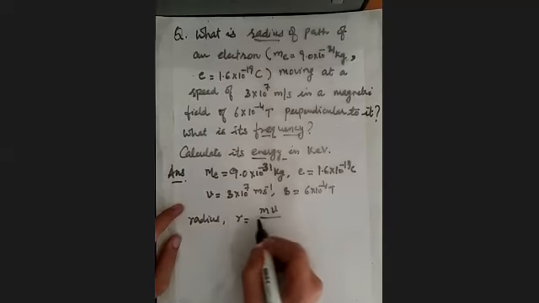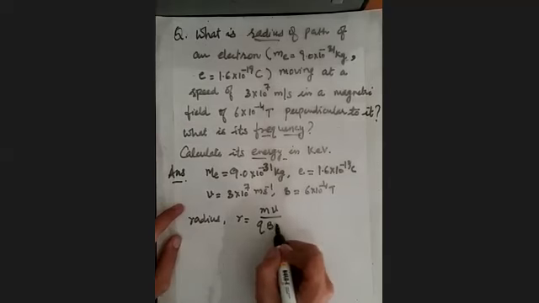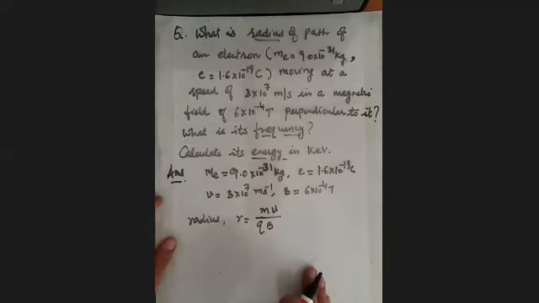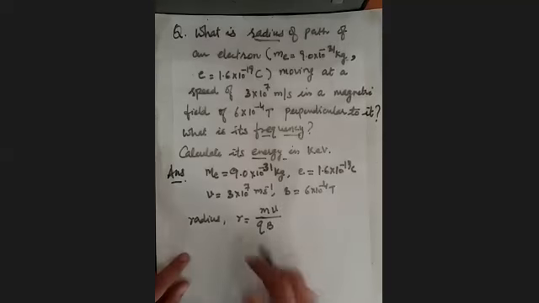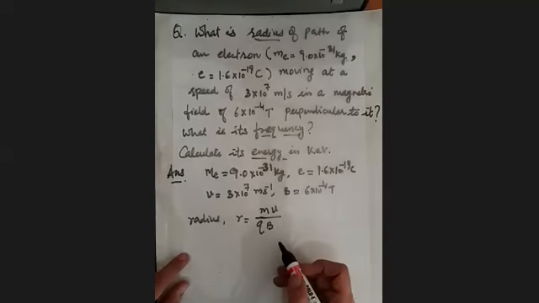And the expression for radius, if you remember, is given by mv divided by qB. We had discussed this when a charged particle is moving in a magnetic field. So R is given by mv divided by qB.